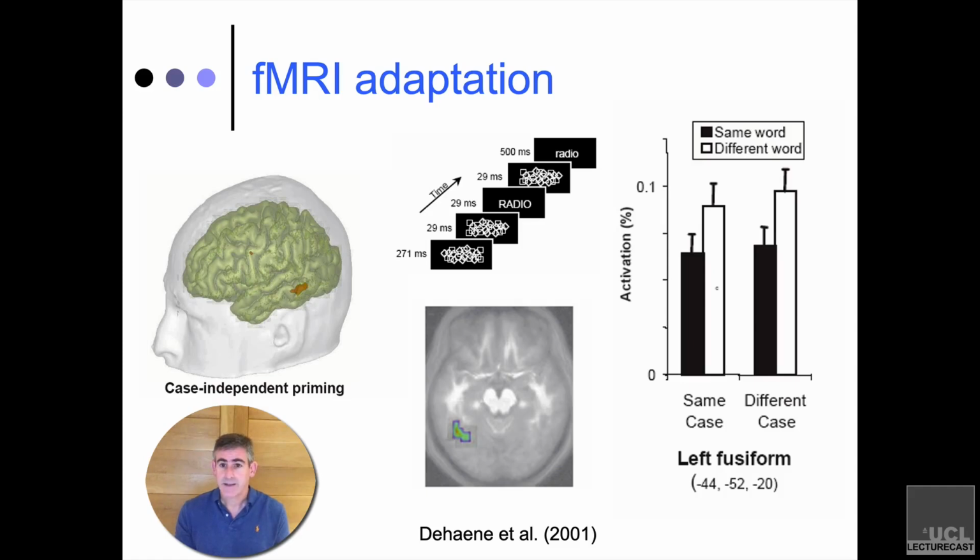So in other words, this is a conjunction design. They're looking for when you compare same case repetition priming to same case non-repetition versus alternating case priming to alternating case non-repetition. So you have these two contrasts, and what you're interested in, you can see it here in this plot, is the difference between the different words and the same words independent of case, and you're looking for a common area.